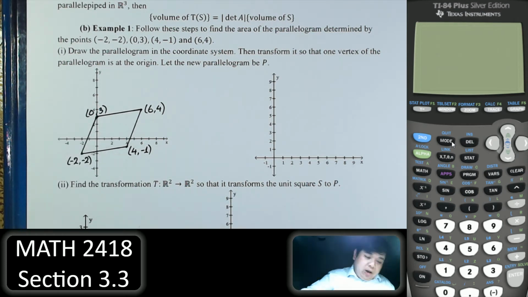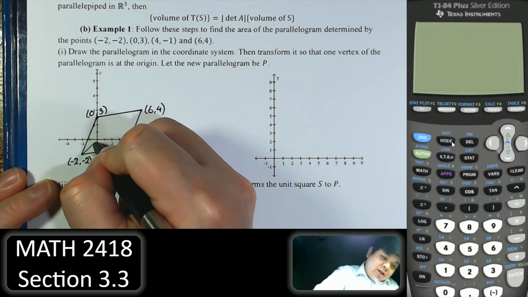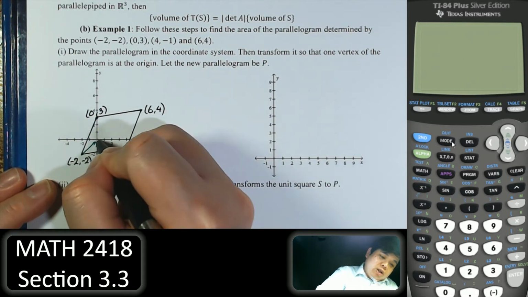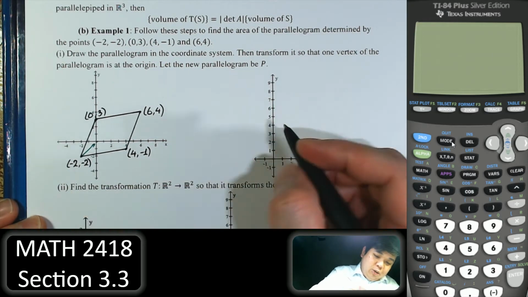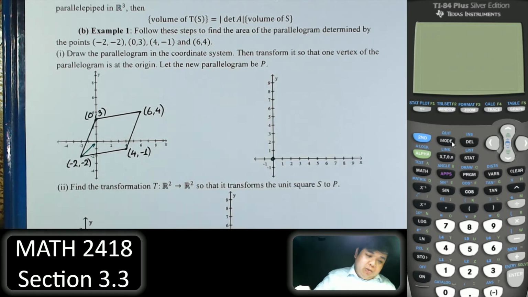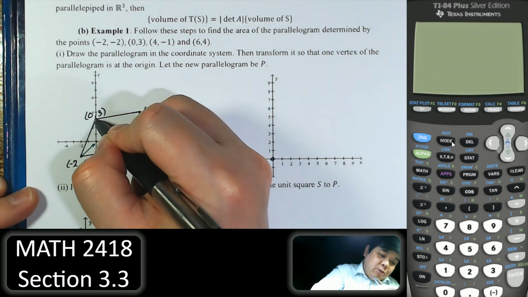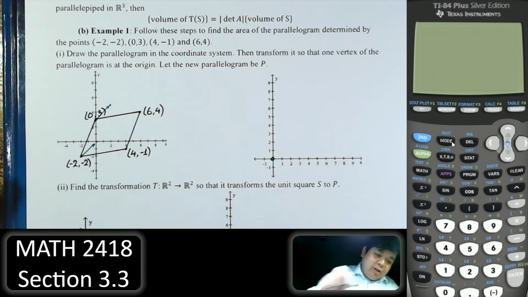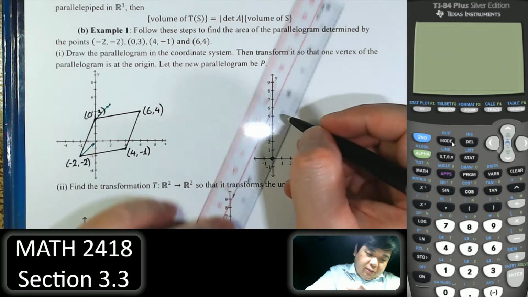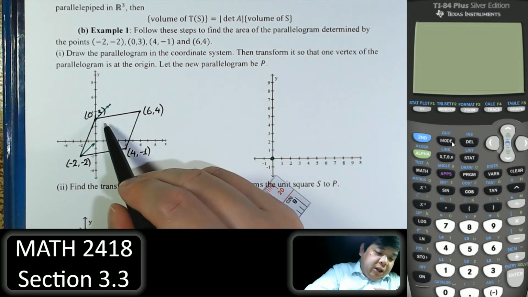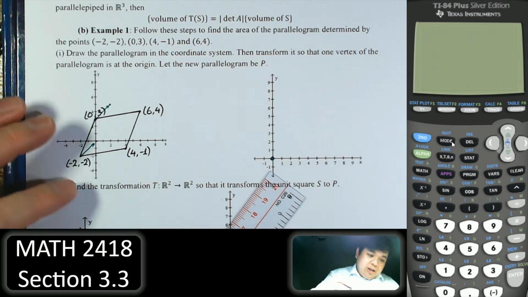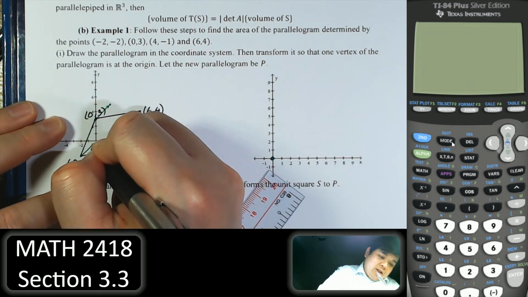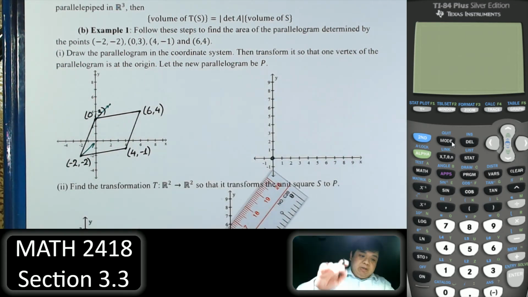The easiest way is to move everything in this direction. So the -2, -2 will become the origin, and this will shift to 0 and 3. So we just translate everything by +2 and +2, the vector 2 and 2. So we just move everything in that direction.